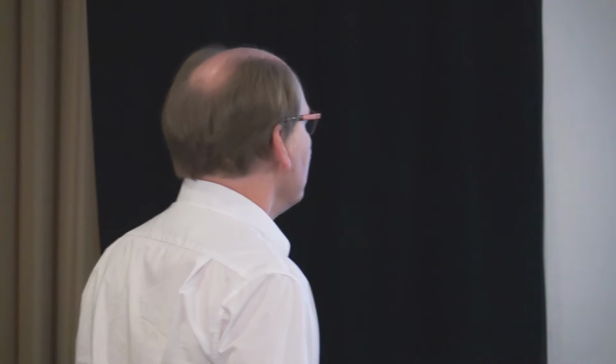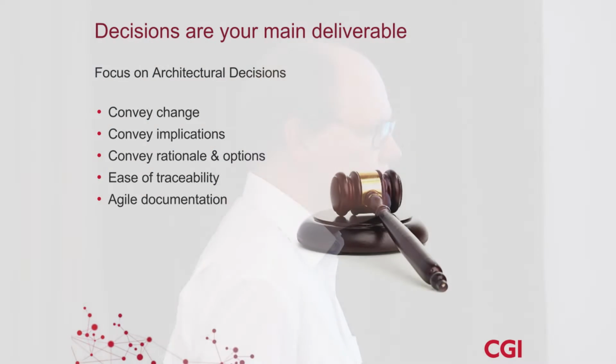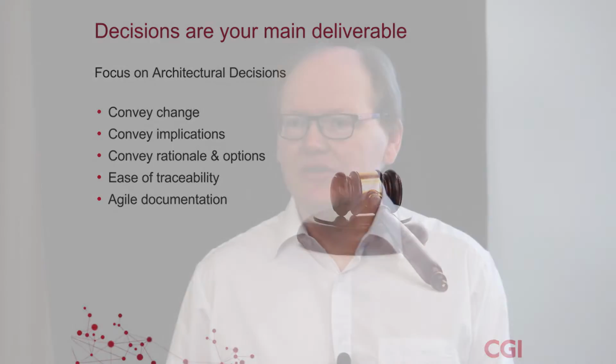So what is the advantage of focusing on architectural decisions, of looking at architecture as a set of decisions? Well, first of all, it makes it much easier to convey change. And of course, dealing with change is very important in the Agile context. Imagine having a war room where you're doing your work as a delivery team, and you have the architecture printed out on the wallpaper.